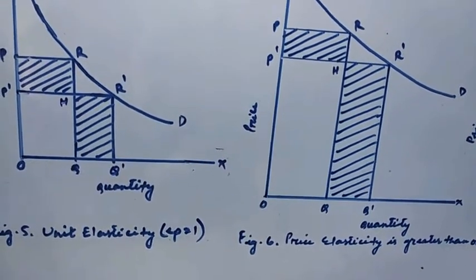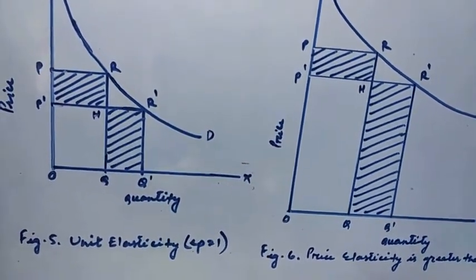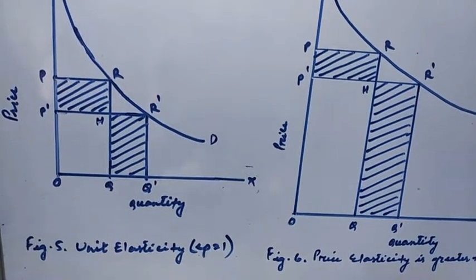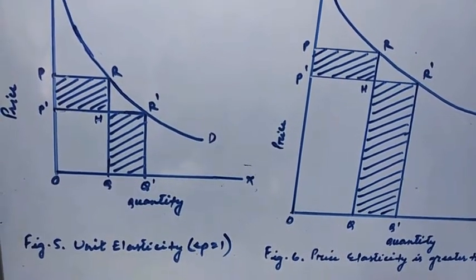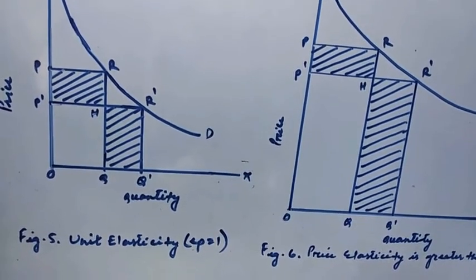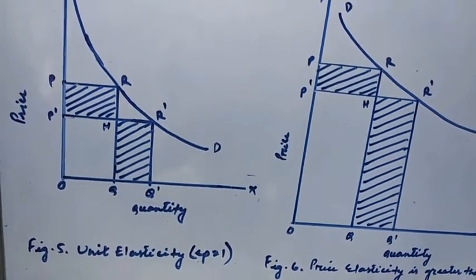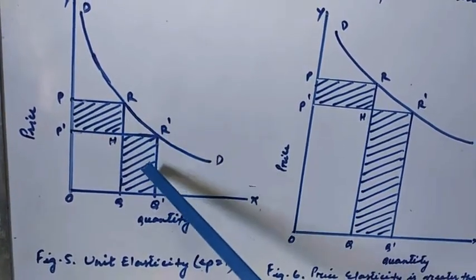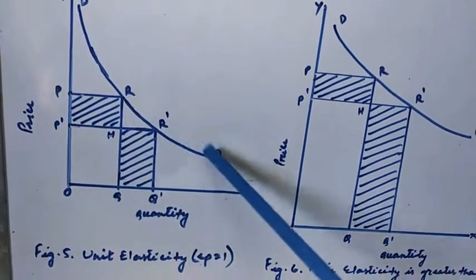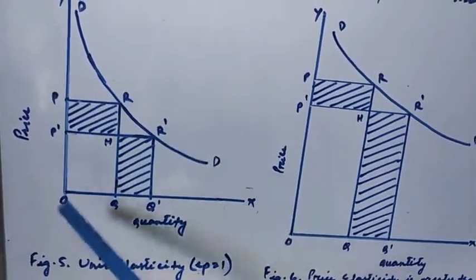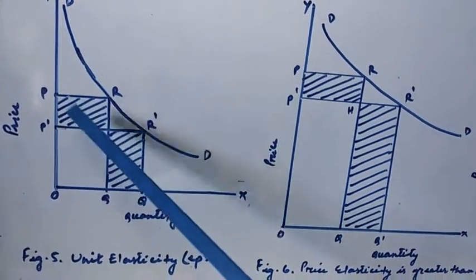So therefore, the total outlay, that is OP dash R dash Q dash, is equal to the original outlay, that is OPRQ. Because these shaded parts are equal, the remaining part comparing with the total expenditure in both the prices, that is OP and OP dash, they are the same.